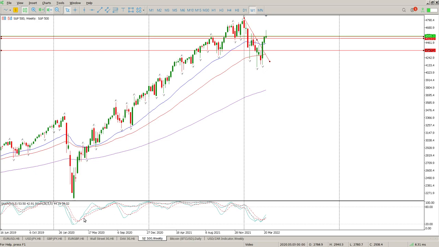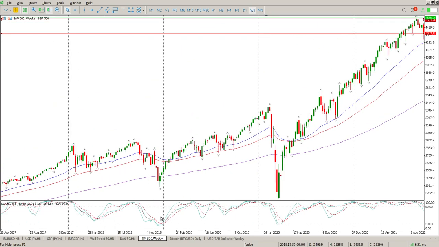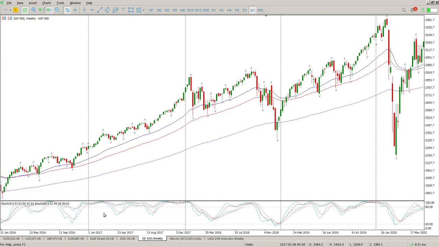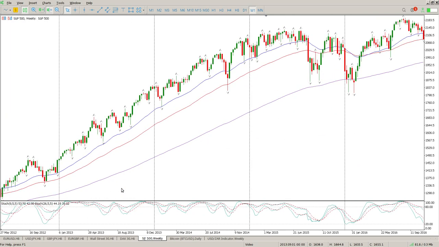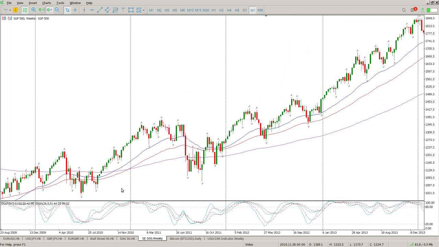So every time this has happened in the past, you can see on the weekly, and this is where the stochastic crossovers really come into their own, on the higher time frame. So typically the daily, weekly, monthly, 8 hour, this is where you see good indications of what you need to be paying attention to, especially in the US markets.